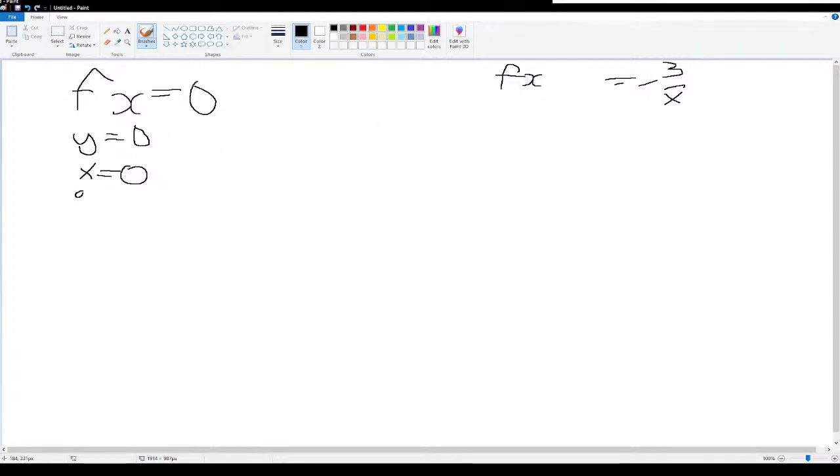So a equals negative 3 or 3, it doesn't really matter. And then from there, all I need to do is graph it. And for that, all I do is enter it into my calculator.